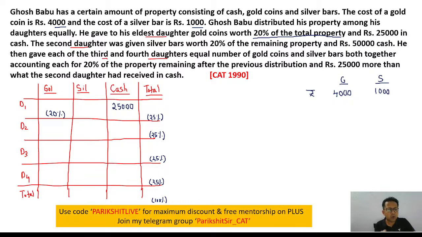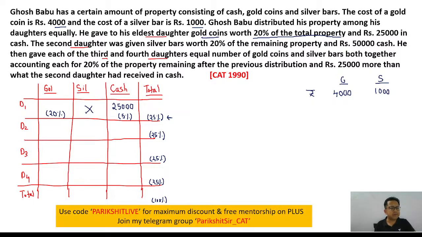The total that the eldest daughter got is 25%, and you have given her two things: gold and cash. Gold is 20%, so can I say cash should be 5%? Only then will the total worth of the property be 25%. Horizontally, if you add up, it has to add up to 25. So if gold is 20, cash has to be 5, because they say that to the eldest daughter you gave two things, gold and cash. So nothing in silver.